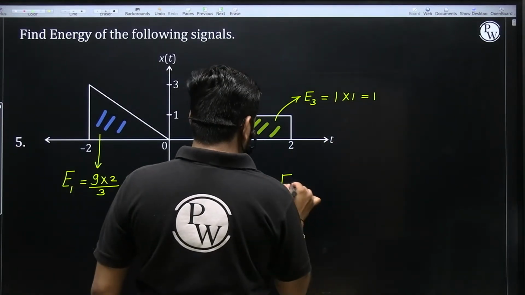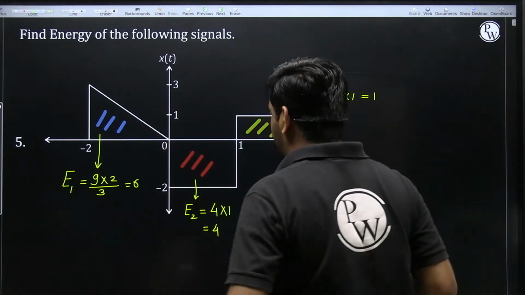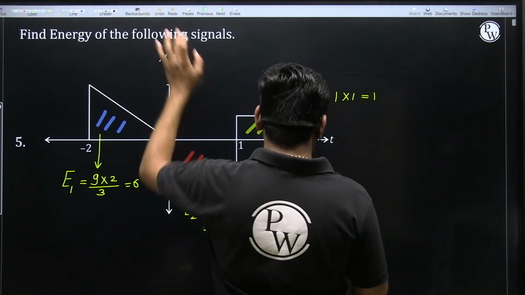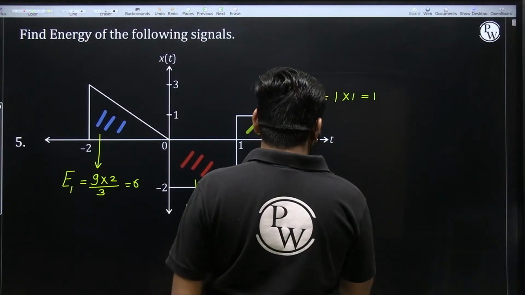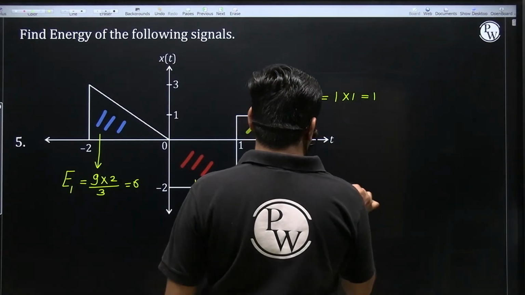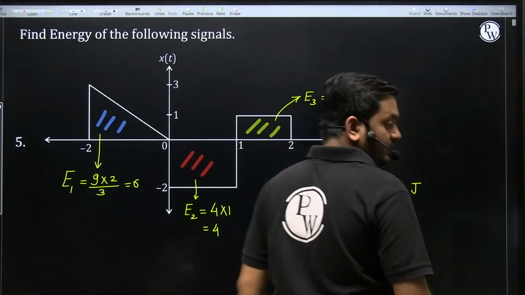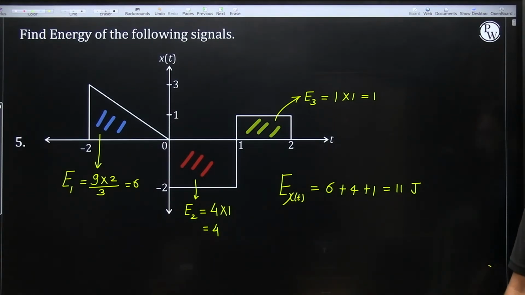So the total energy is the sum of the individual signal energies, as the multiplication of any two signals is 0. So 6 plus 4 plus 1, which is equal to 11 joule. 11 joule is the right answer. Manoj, not 5. 11 joule should be the correct answer for this question.